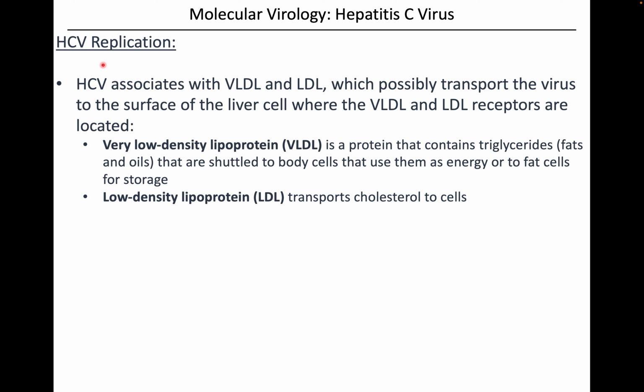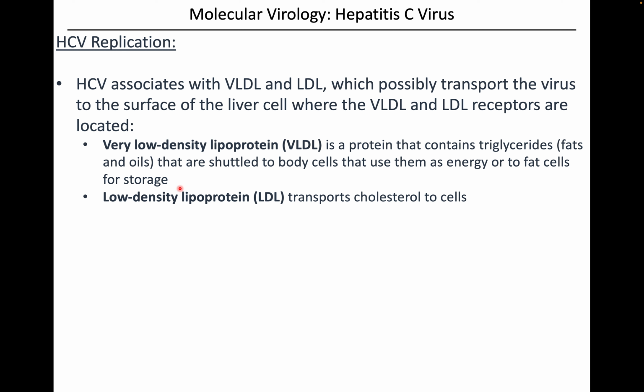So one thing that's unique and worth pointing out here with Hep C is there's quite a bit of evidence showing that hepatitis C will associate with two different lipoproteins, either VLDL, which stands for very low density lipoprotein, or LDL, just low density, which you might be familiar with if you've ever had your standard blood lipid panel taken.